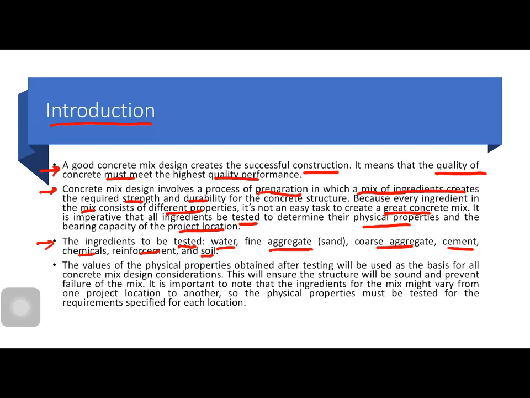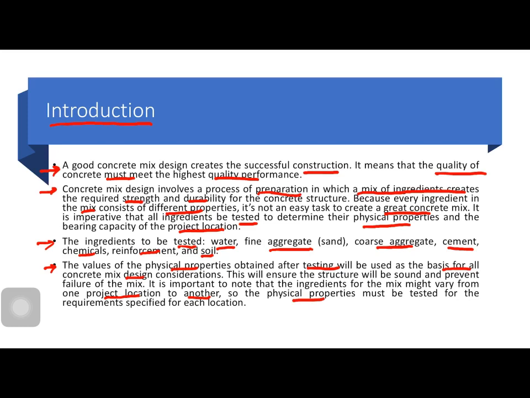And also, why do we need the values? The values of the physical properties obtained after testing will be used as the basis for all concrete mix design considerations. This will ensure the structure will be sound and prevent failure of the mix. It is important to note that the ingredients for the mix might vary from one project location to another.